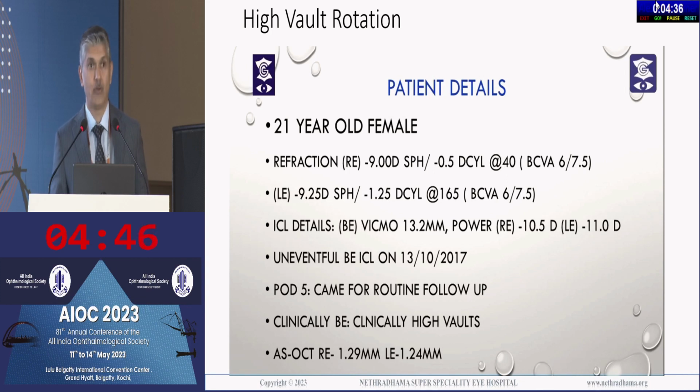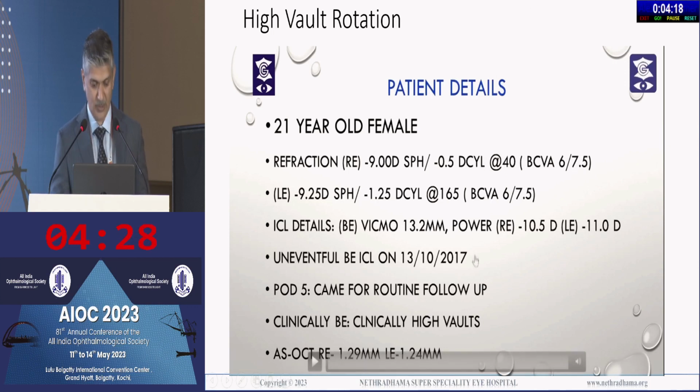So what do you do in this case? And this is interesting. Now, if you look at the white to white, the limbus, the white to white is maximum in the horizontal and minimum in the vertical, but with the sulcus, it is the opposite. The maximum diameter is in the vertical direction and the minimal in the horizontal direction. So here what I decided to do was, I decided to rotate the lens.